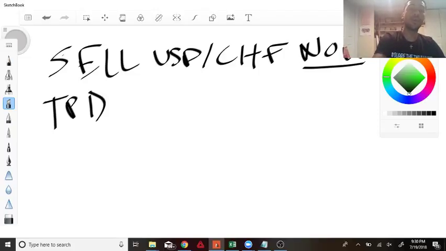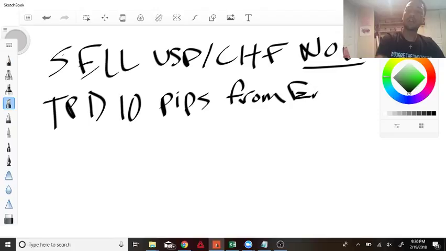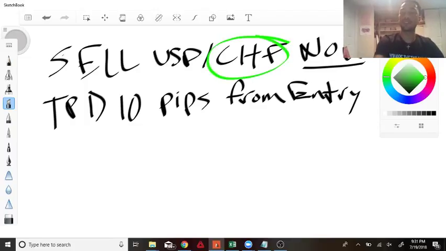So let's say it says TP number 1, 10 pips from entry. With the sell, it's sort of the opposite, but the same rules apply. What you're doing now is buying CHF, the Swiss franc, and when this value goes up, this value goes down.